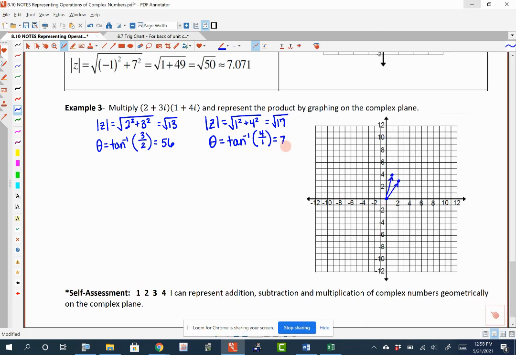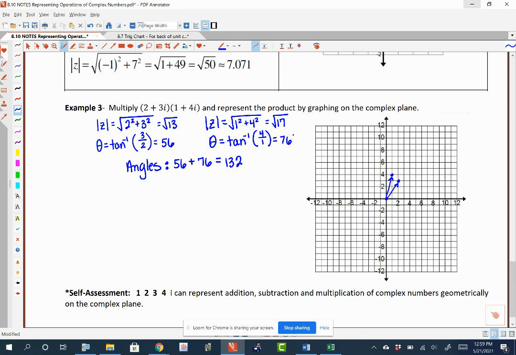If I wanted to find out the total length of the product of this vector, well, let's do our angles first. For our angles, we just have to add them together. I would take my 56 and my 76 and add them together. 6 plus 6 is 12, so 132.